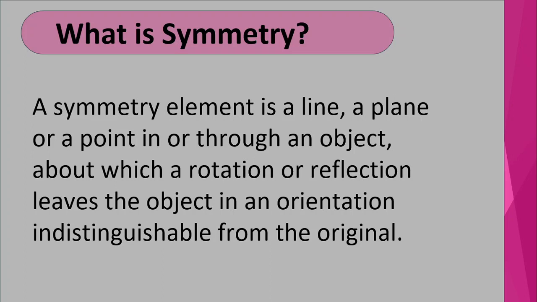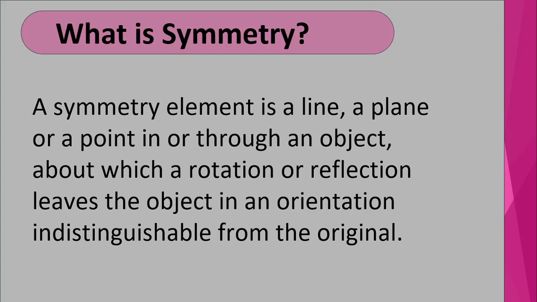It means what? In simple language, if we pass a line through any object, and if we rotate the object in a clockwise or anti-clockwise direction with a certain angle, let's take 90 degrees. So when we rotate the molecule or object by 90 degrees about that line, what will happen?